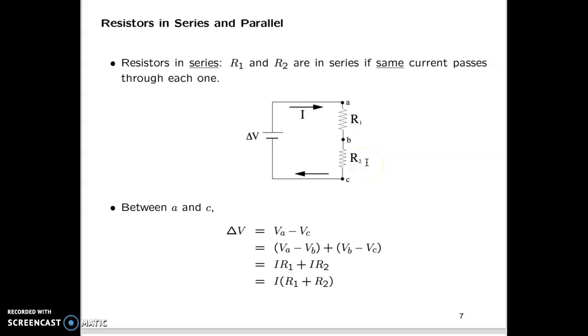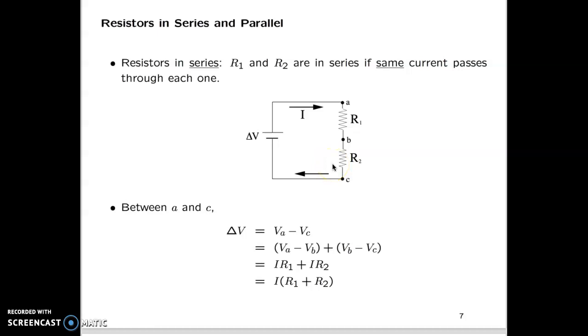Now let me say right here that these two resistors are in series. The definition for two resistors in series is that you're guaranteed to always have the same current flowing through the two resistors.